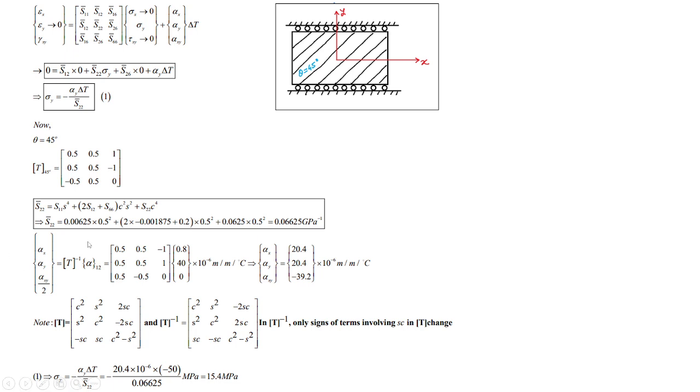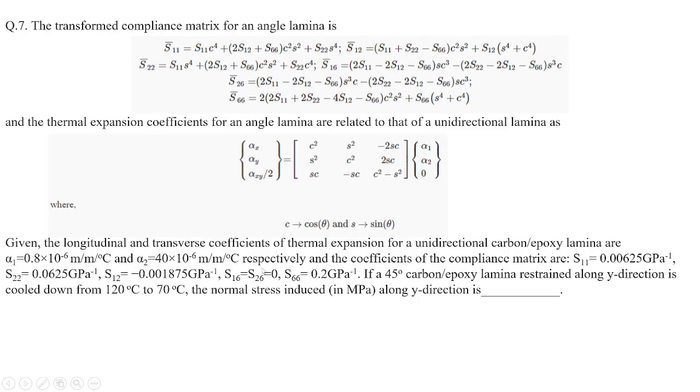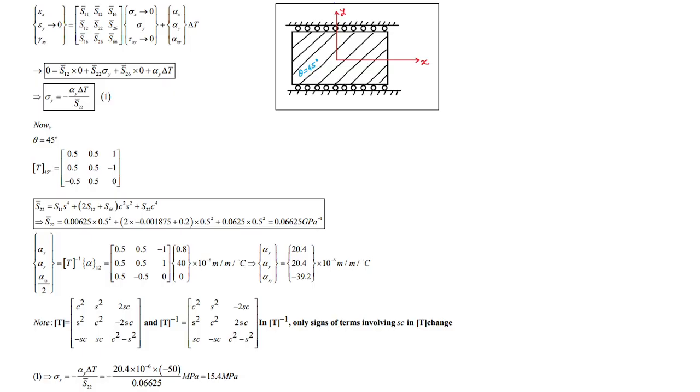For that we have to multiply it by the transformation matrix and we can find the values of the thermal expansion coefficients in the global axis. We got the values of alpha x, alpha y, alpha xy. We put the value of alpha y in the equation. Delta T is given in the question, and we can find the value of sigma y, which is equal to 15.4 megapascal.